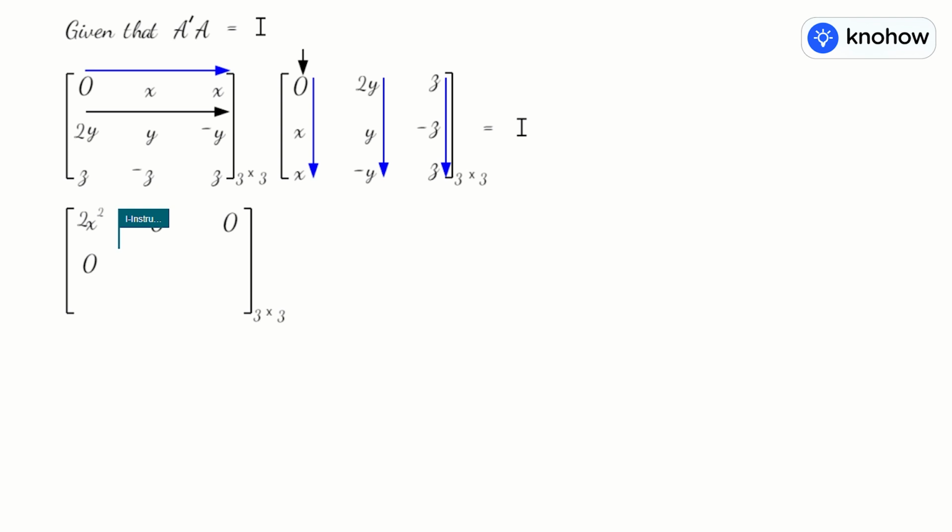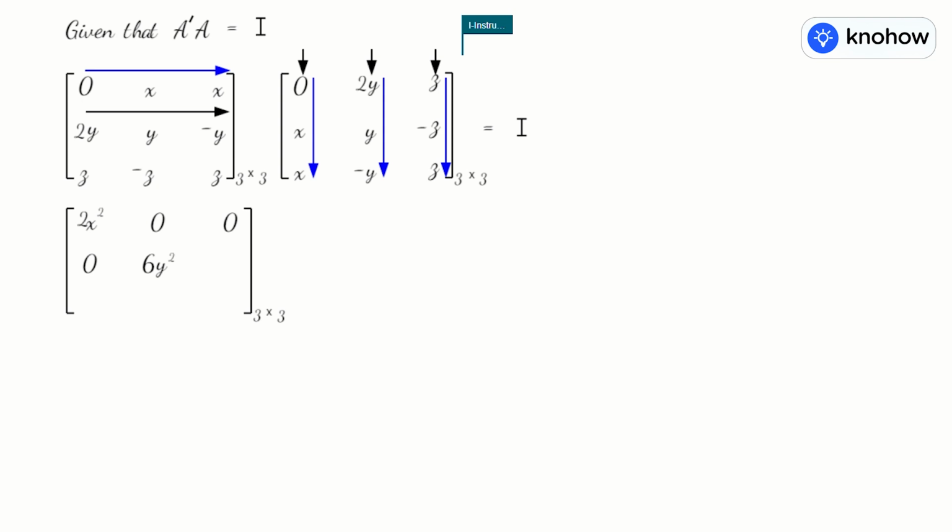Multiplying the elements of second row with first column, you get 0 and plus xy minus xy, so that will be 0. Now multiplying the elements of second row with the second column of the second matrix, you get 4y square plus y square plus y square again, so that way you get 6y square. Repeat the process with the third column, you get 2xyz minus yz minus yz, so you get 0.